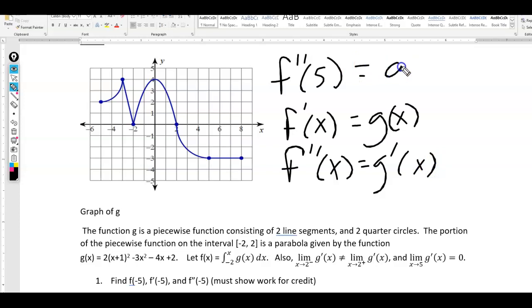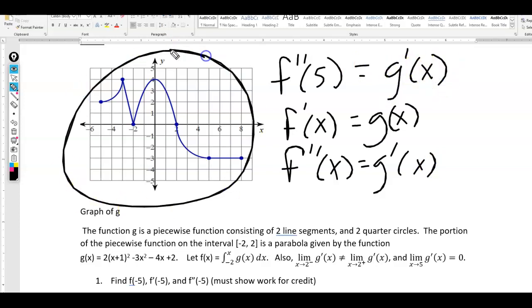So f double prime of 5 means we want g prime of 5. Now this is a graph of g over here. So g prime represents the slope then. So basically what this sentence here is saying is, what is the slope of the g function at x equals 5? Right here at 5.